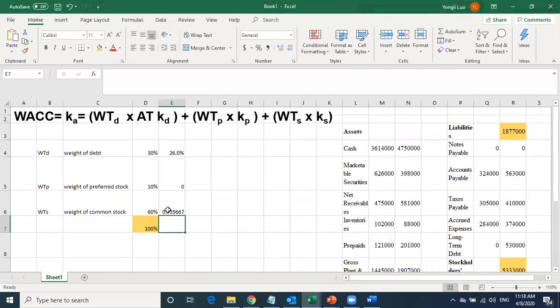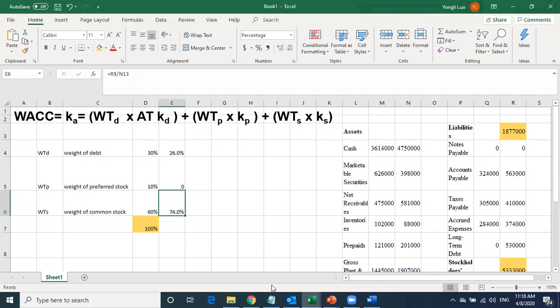This is 74%, and the debt is 26%. Some companies have preferred stock, some do not. Make sure you understand where to get the weight of debt, common stock, or preferred stock from the balance sheet.